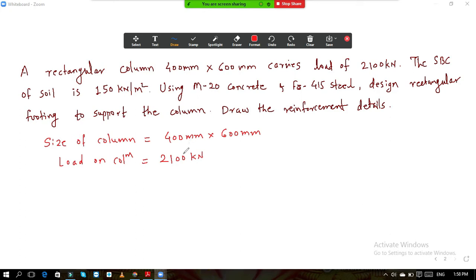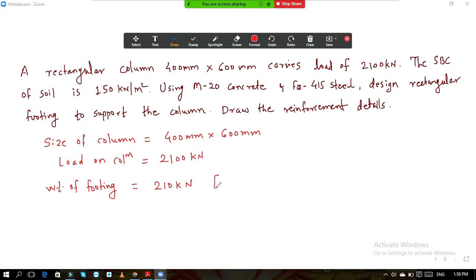Then we will assume 10% self weight of the footing. Okay. So weight of footing we will calculate. Weight of footing, which is 10% of column load we are taking. So weight of footing is how much? 10% of this, it is 210 kilonewton.